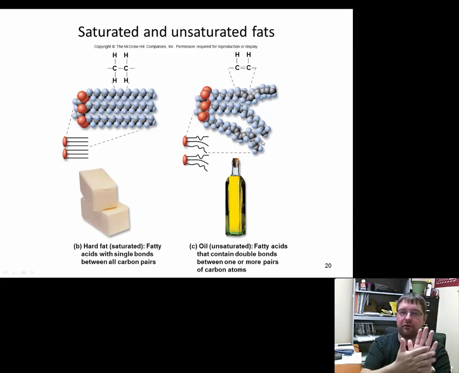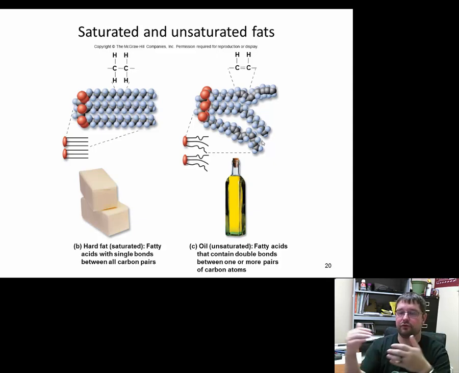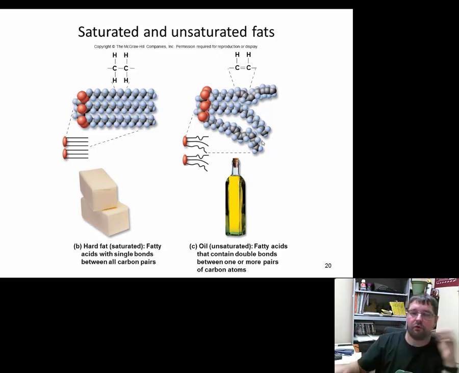Saturated fats are solid at room temperature, and unsaturated fats are liquid at room temperature. Okay, and it really has to do with the property of whether there are double bonds between carbons. So do the fatty acid tails have kinks, or are they free with no kinks?